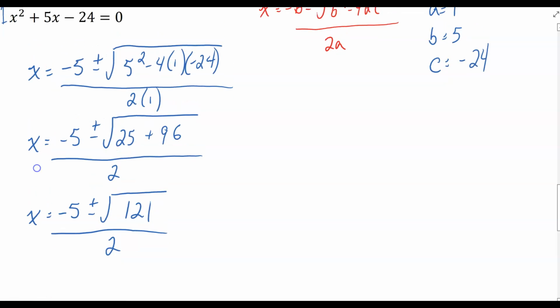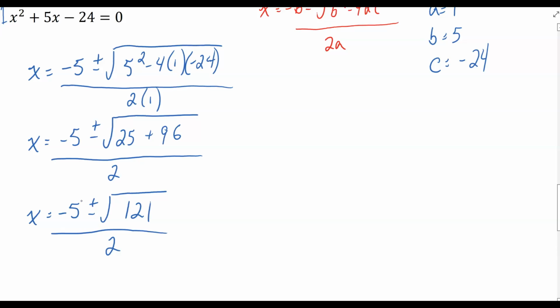Now, I can see that 121, if I square root it, it is a perfect square, right? It's 11. If it wasn't, it probably would be best to leave it in this radical form and start with separating the plus and minus.